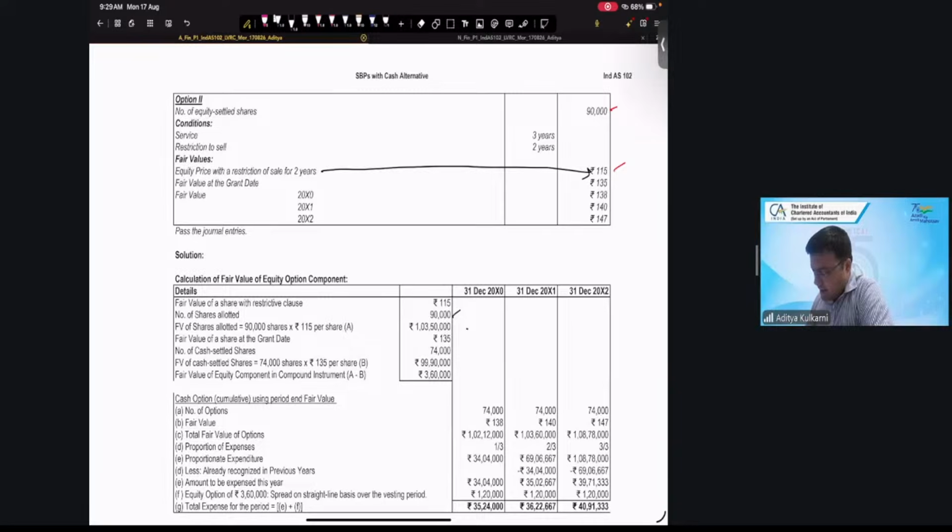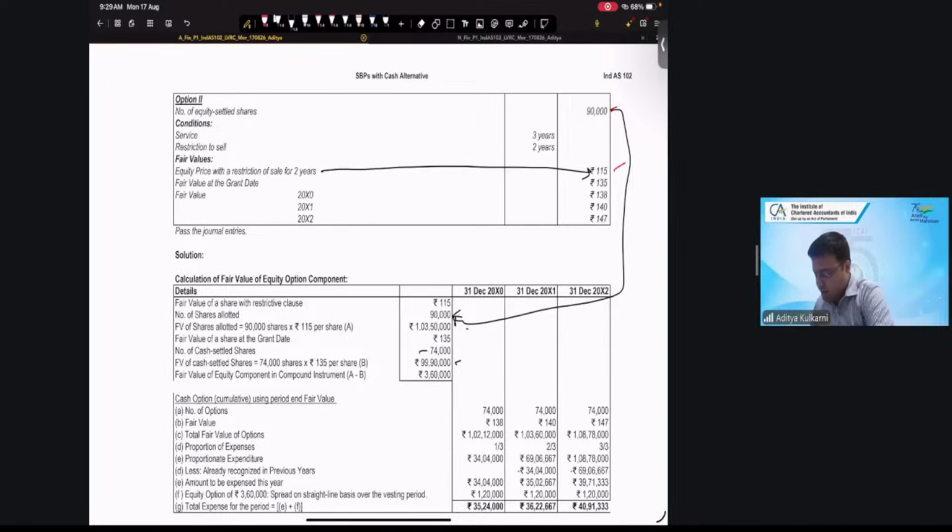Number of shares allotted 90,000. Multiply, so fair value 1 crore 3,50,000. Fair value of a share at the grant date 135. Number of cash settled shares 74,000. Fair value is 74,000 into 135, so that comes to 99 lakh 90,000.